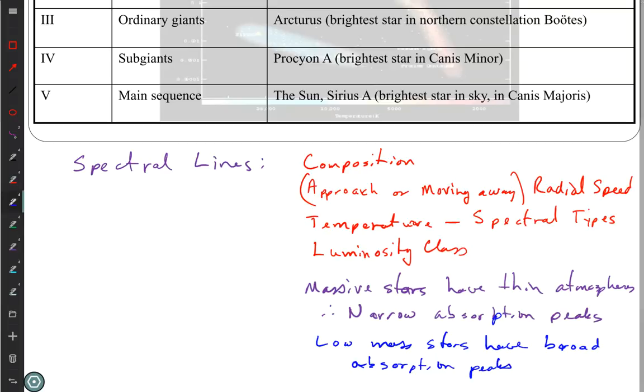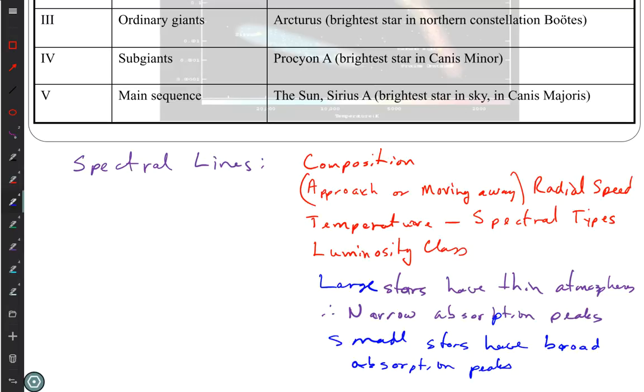So we can determine if it's a large star or a small star, or more importantly, it's actually large and small. I should have said not massive, but large. It's wonderful to be able to change your mistakes. Small stars have broad absorption peaks. So by looking at the size of that absorption peak, that's how they actually determine the luminosity class.